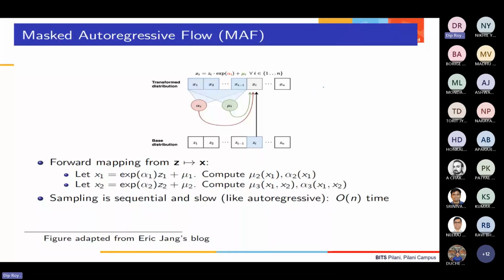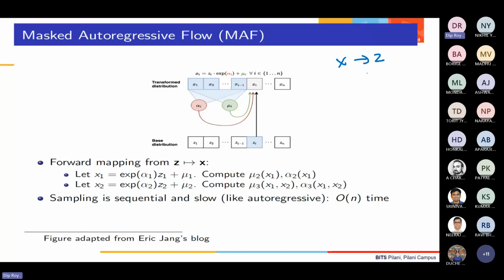In MAF, we are trying to model the transformation from X to Z. When I'm talking through it, you just concentrate on this architecture. You have a base distribution from which you sample Z, and you have a transformed distribution X. We are trying to model X to Z.